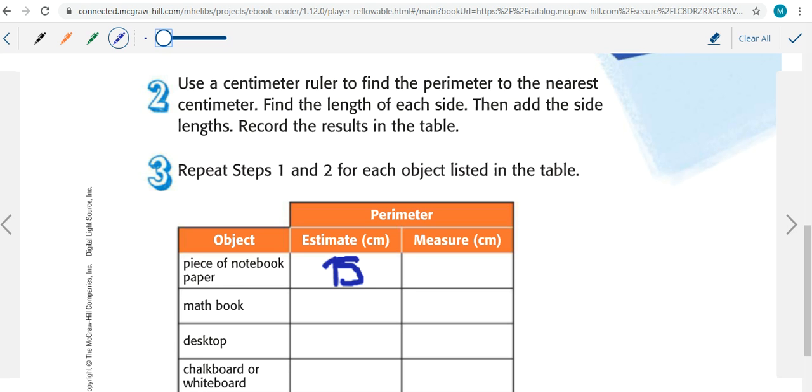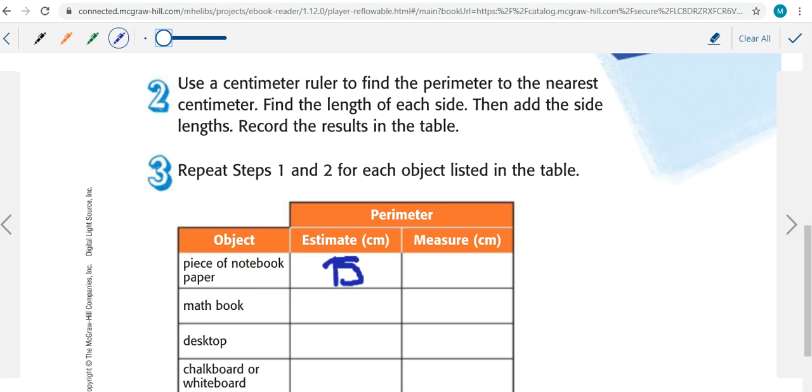So the number may be close to 15 or even 15, but you cannot estimate, by just looking at the object, that a piece of paper is 30 centimeters. It's not reasonable to say it. So you have to estimate numbers close to what they are. Maybe by using your ruler, you can look at your ruler and estimate each object.